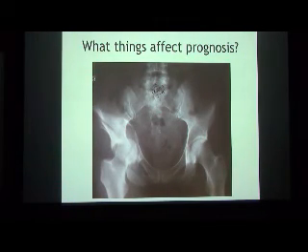What things affect prognosis? We talked about fracture pattern and the type of fracture. What else? Who have you seen doing badly? Me operating on a patient, that probably affects the prognosis. What else? Associated injuries? Not so much. This is really very heavily investigated and well described. Associated injuries doesn't come up there.